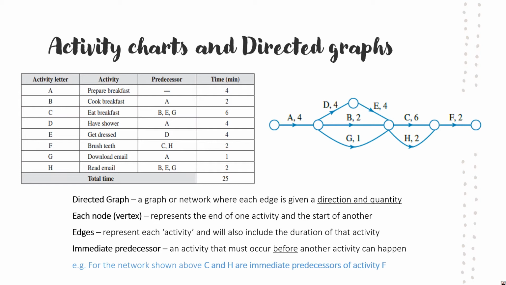That's a predecessor of cooking it. And then finally we have to cook it before we can eat it, etc. So we have to have some activities occurring before others can happen. And that's just represented on our directed graph on the right-hand side there. So activity A must occur before activities B, D, and G all occur. So we can see that visually in the directed graph there.